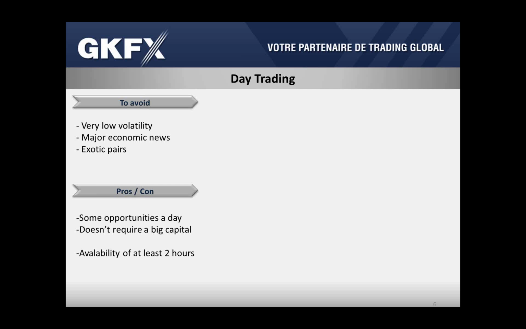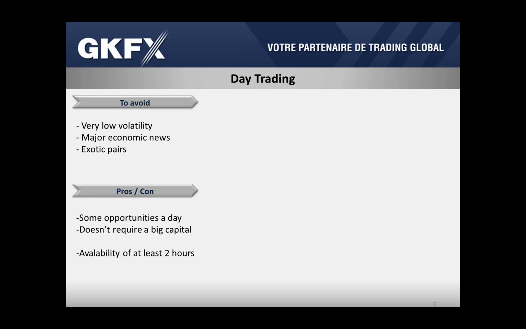Pros and cons. 2 pros, 1 con. So with day trading, you can spot some opportunities in a day. It doesn't require a big capital. And the main con, it requires an availability of at least 2 hours. It's a minimum because you have to define an intraday strategy.